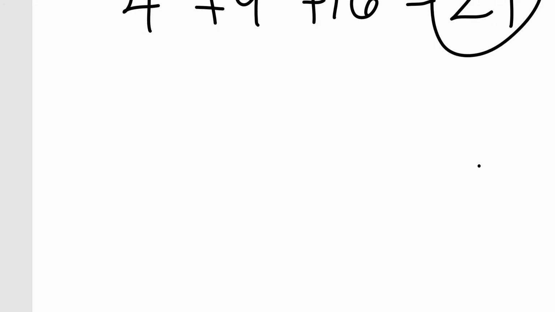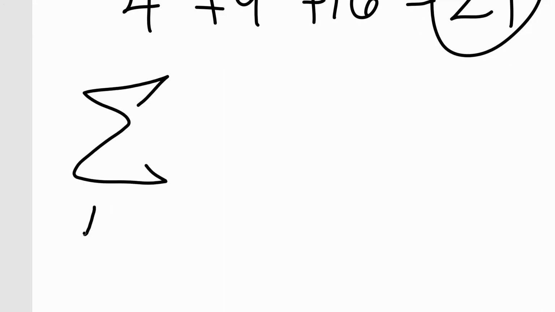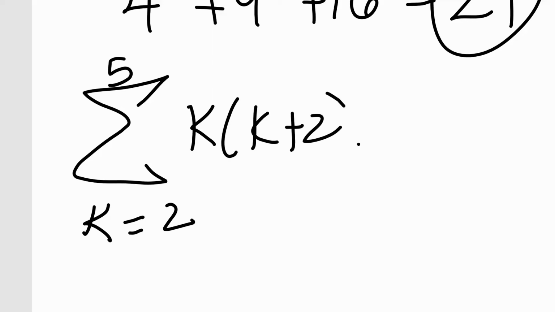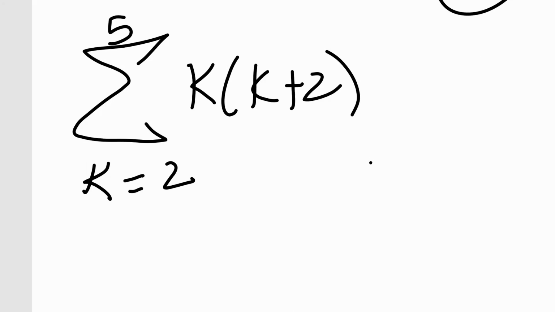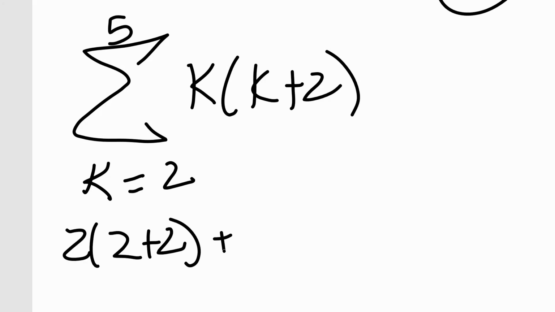If we were to ask to find the sum, k starting at 2 and going to 5, of k times k plus 2. Excuse me. So we're going to start when k is 2. So 2 times 2 plus 2. Then do it over again when k is 3.